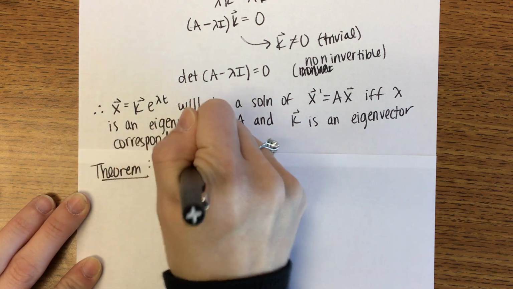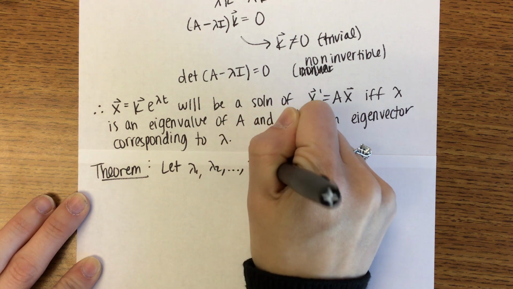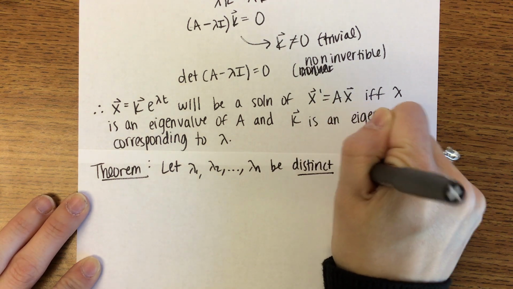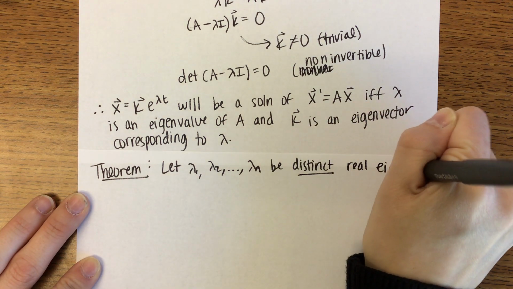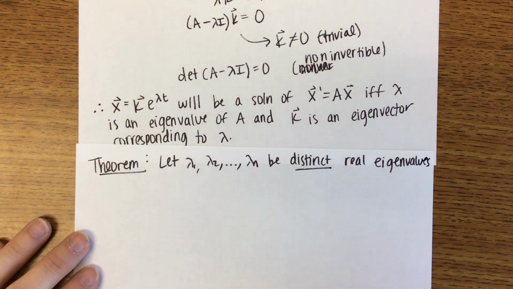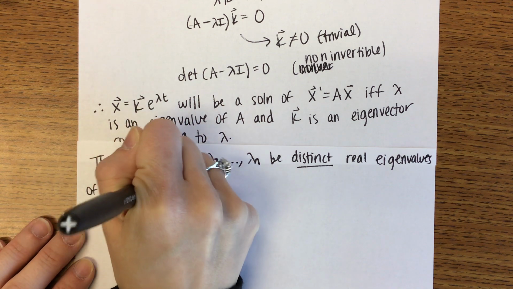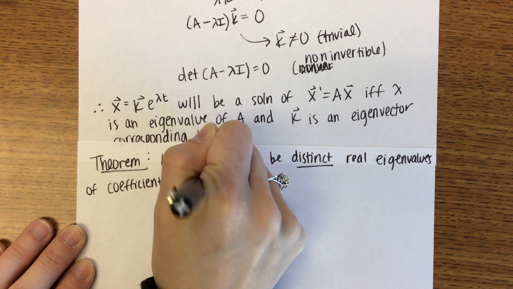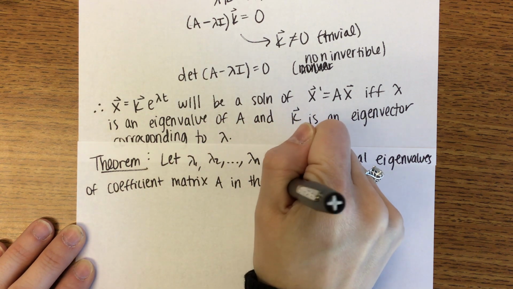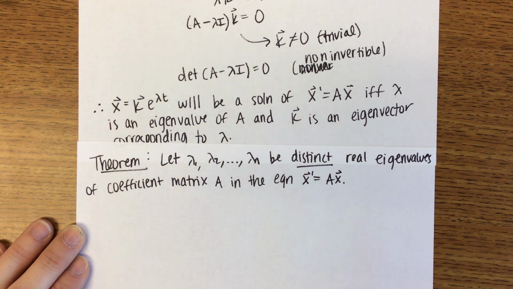Our theorem: let λ1, λ2, all the way to λn be distinct real eigenvalues of the coefficient matrix A in the equation x prime is equal to Ax.